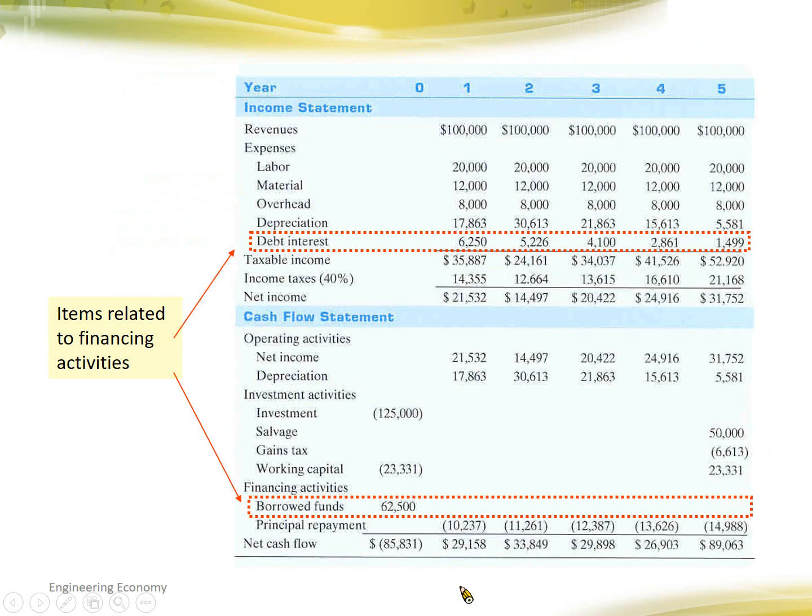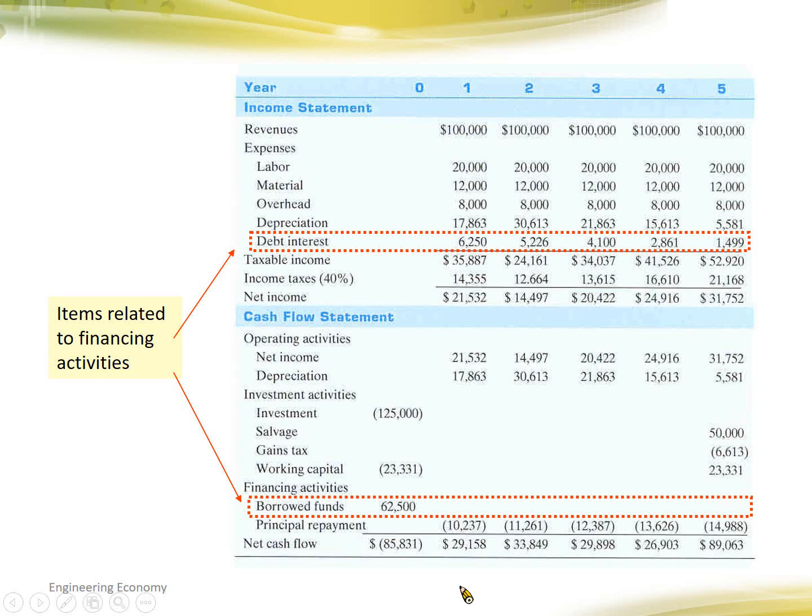Depreciation we capture, we have working capital, now we have borrowed funds and financial activities. And in each category, here we have operating activity, investment activity, financial activity. We can even increase more.